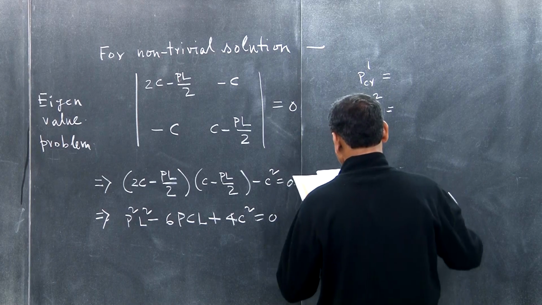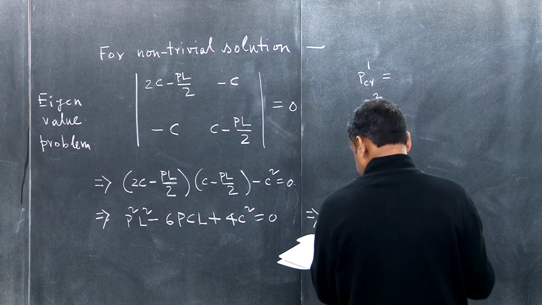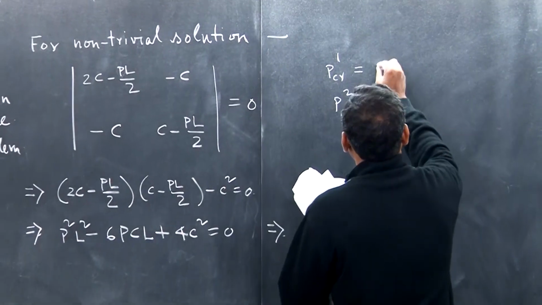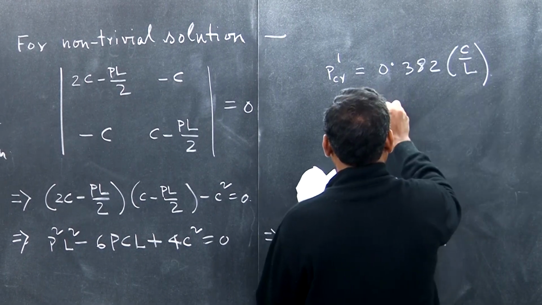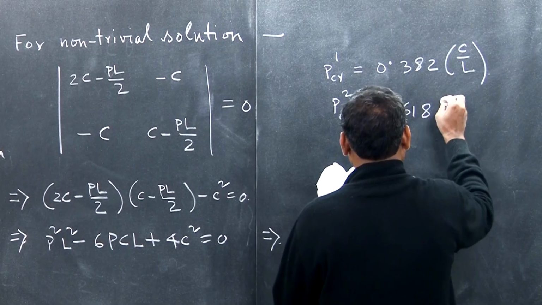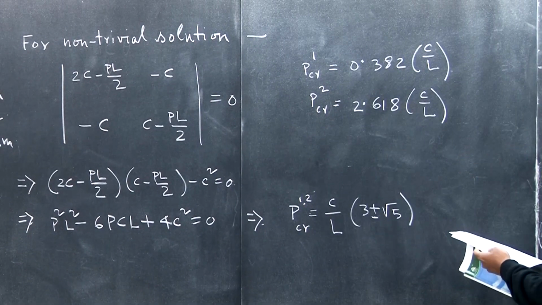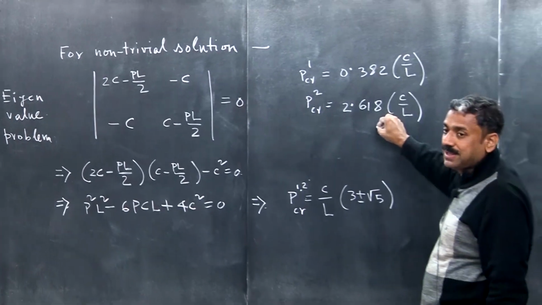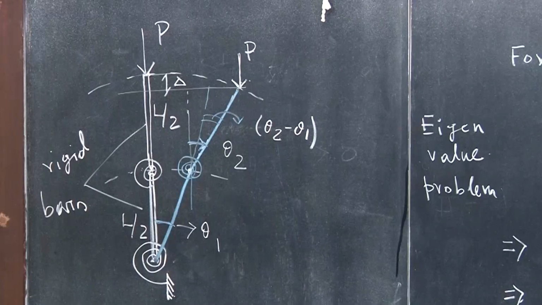P critical 1, if you solve it, then you will see the value will be 0.382 C upon L, and here it is 2.618 C upon L. So here you please see that at these two loads you can have an alternate equilibrium configuration, but that is in a perturbed configuration, right.